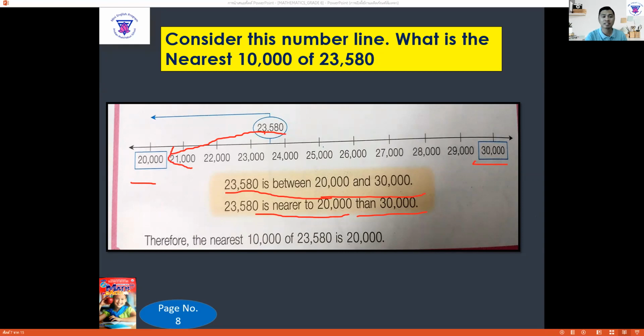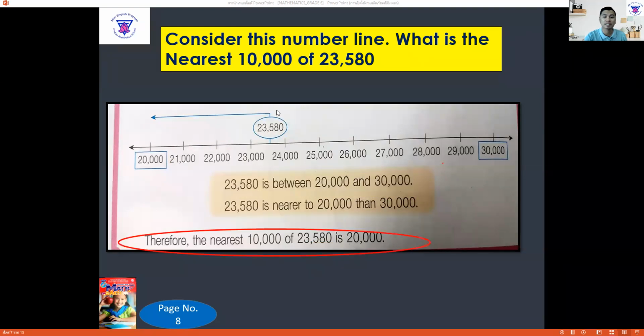So that means, therefore, the nearest 10,000 of 23,580 is 20,000. Very good. It's 20,000. Good job, student. Remember, it's nearest. The nearest is 20,000.